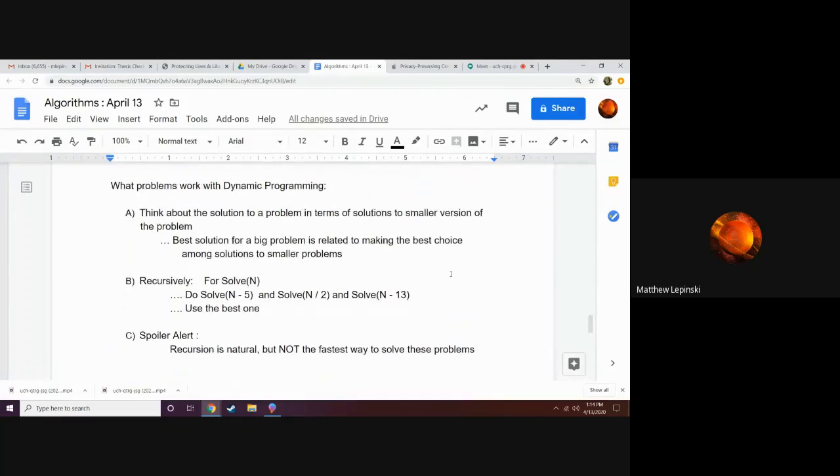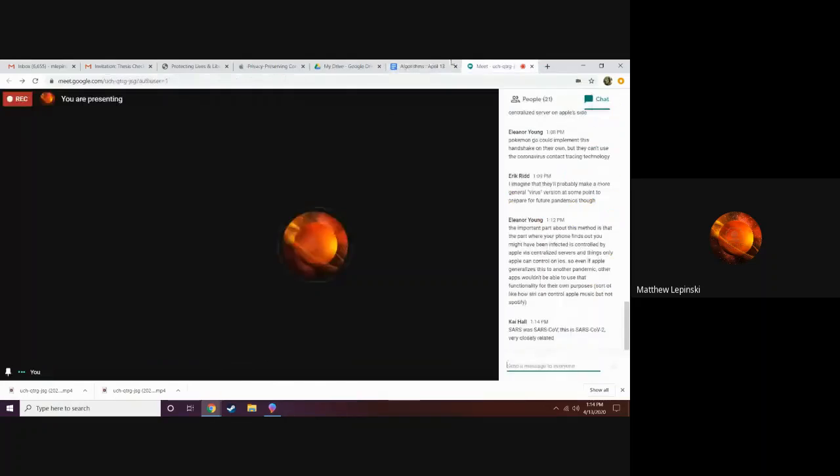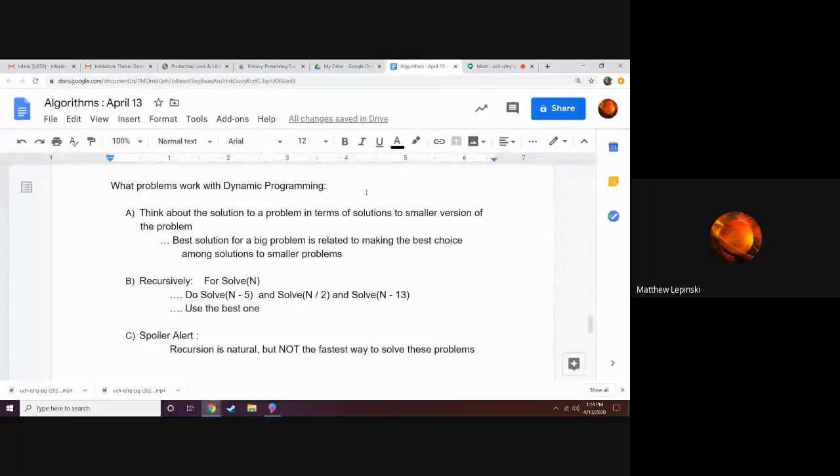The idea in dynamic programming is it's a way of thinking about optimization problems recursively.